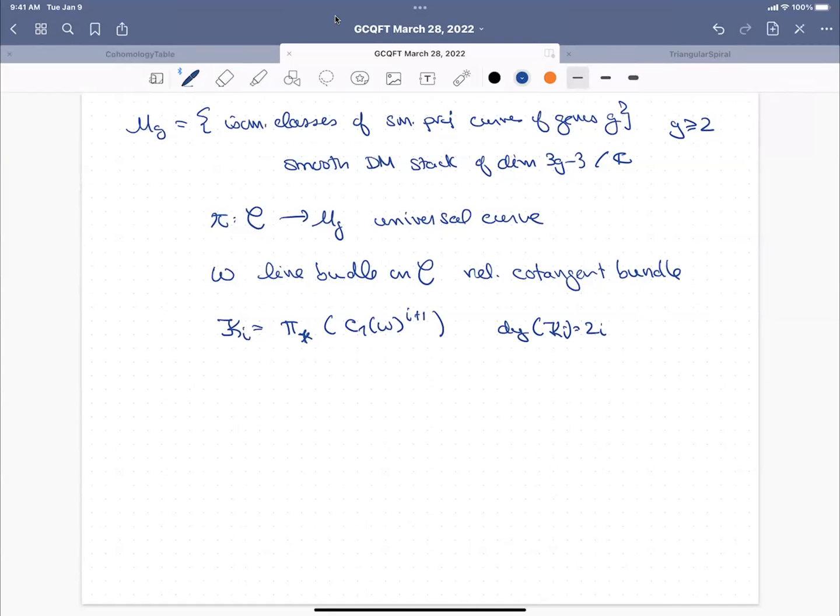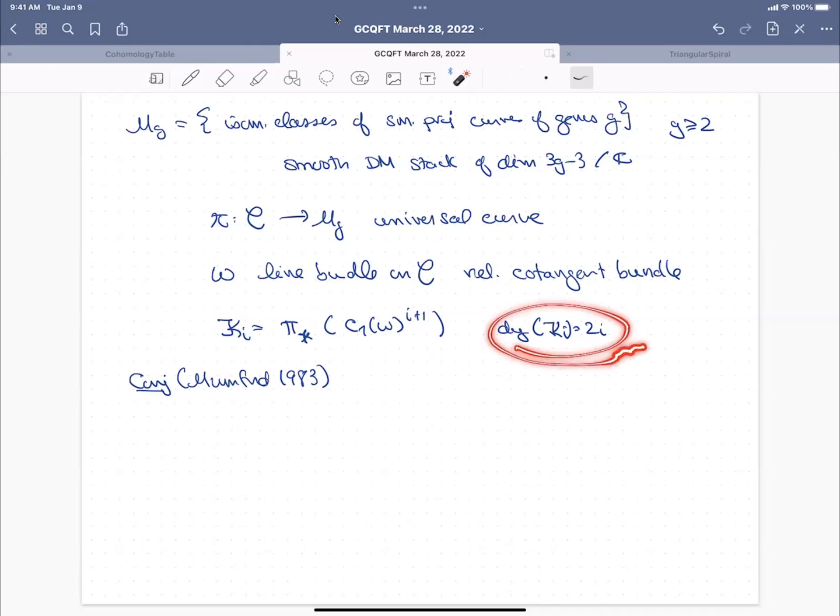Mumford made what I think at the time was a somewhat audacious and very, very optimistic conjecture, which was that as g goes to infinity, in analogy with the Grassmannian, the kappa i's should account for all of the cohomology, and there should be no relations among them.